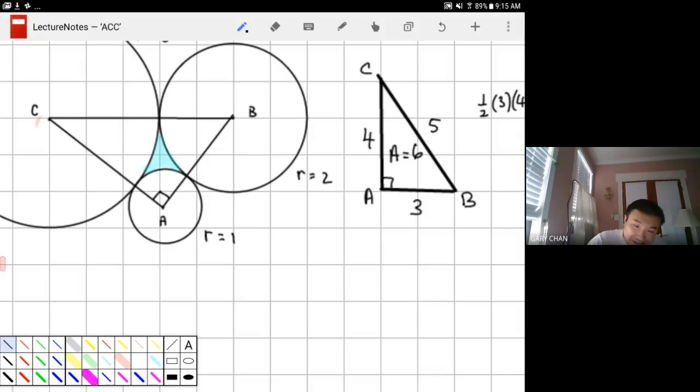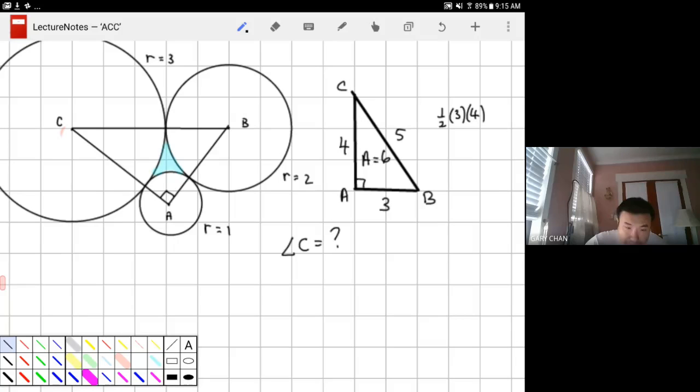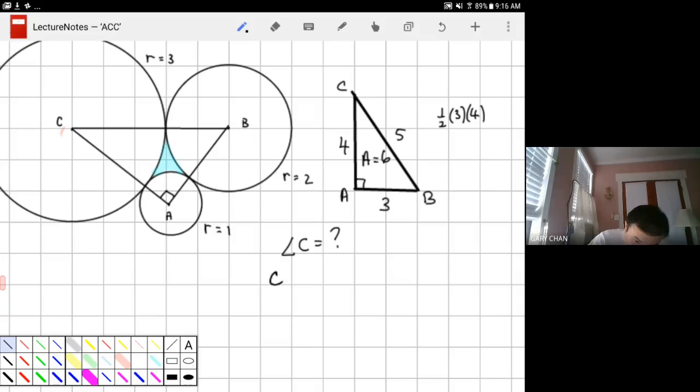So if I wanted to find out what angle C was, what am I going to do? Cosine of C. That's right.